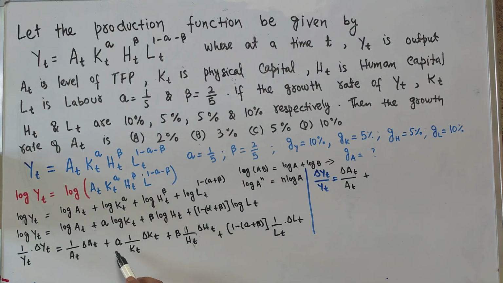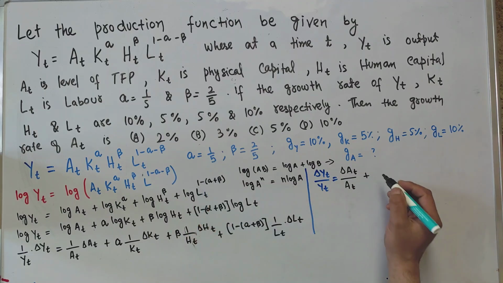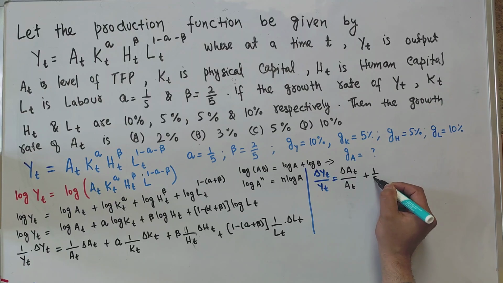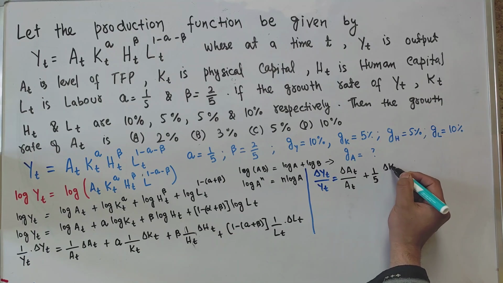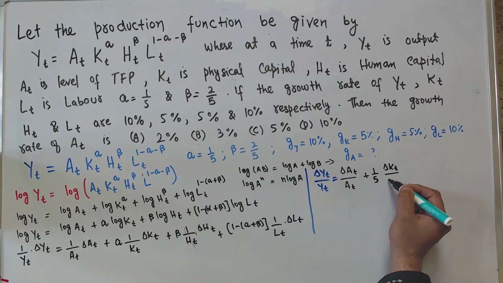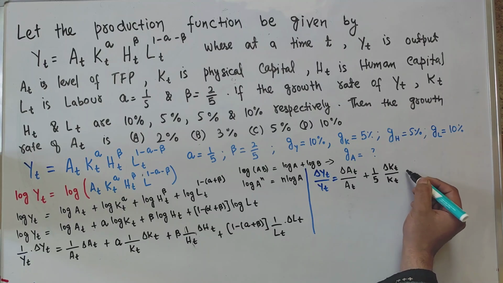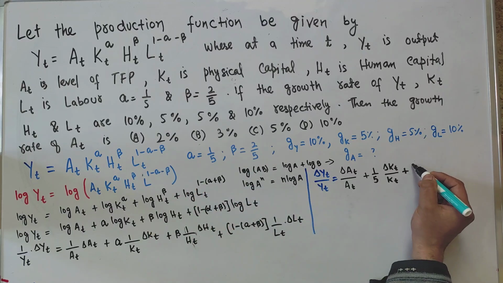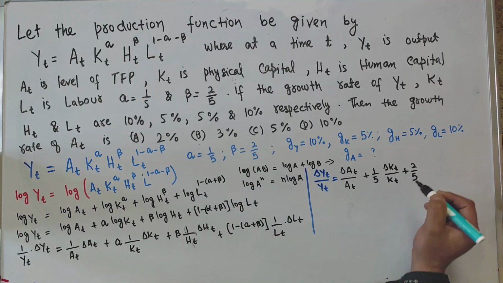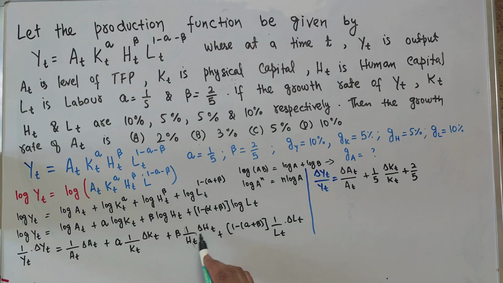The value of alpha is given to us as 1 upon 5, so let's write 1 upon 5 in place of alpha, so I can write here del kt upon kt plus the value of beta is 2 upon 5. Let's write it here 2 upon 5. Then we have del ht upon ht.